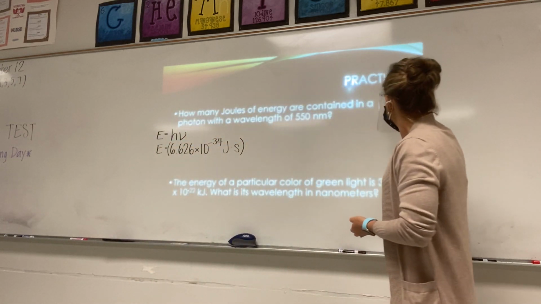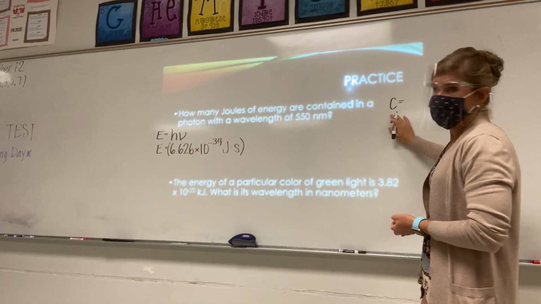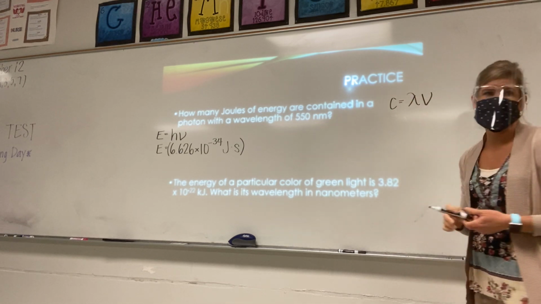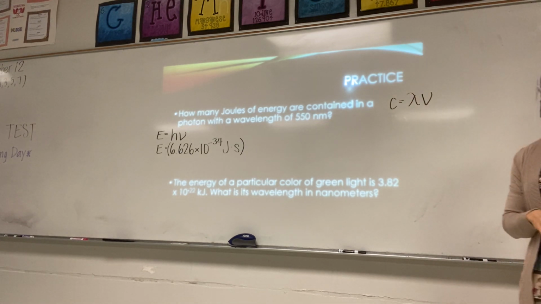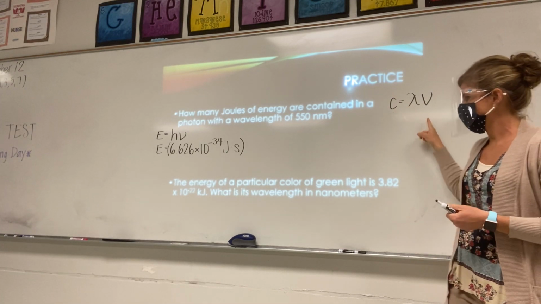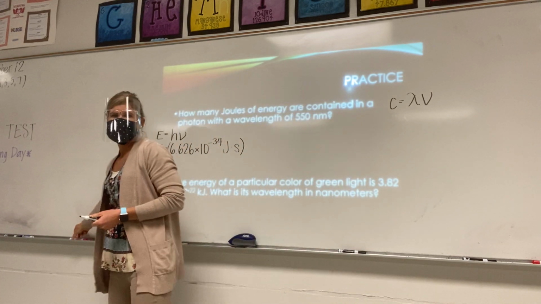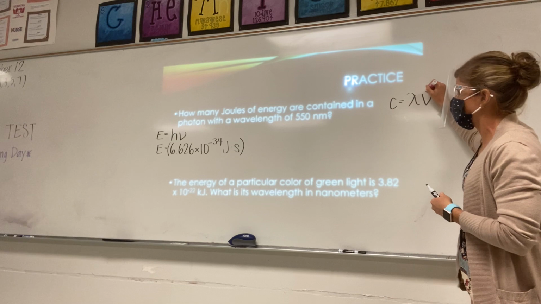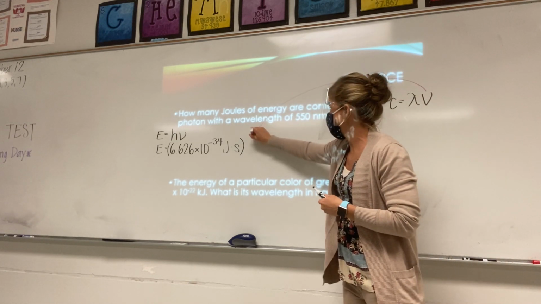So, now I know my c, speed of light, formula is equal to wavelength times frequency. Y'all remember this from Monday? I know c. I know wavelength. So, do you think I could calculate my frequency and then plug it in?